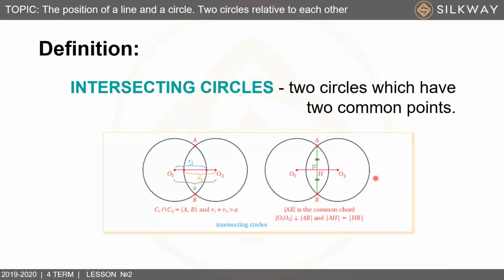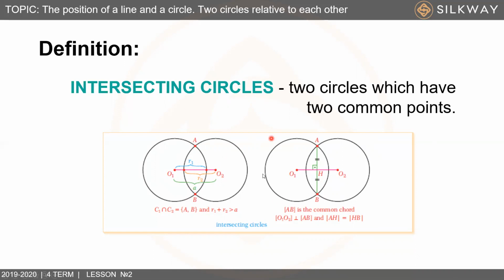Intersecting circles: two circles which have 2 common points. First, here we have two circles with radii r1 and r2. If r1 plus r2 is bigger than A, where A is the distance between two centers, O1 and O2, the sum of two radii is bigger than A, then they are called intersecting circles.